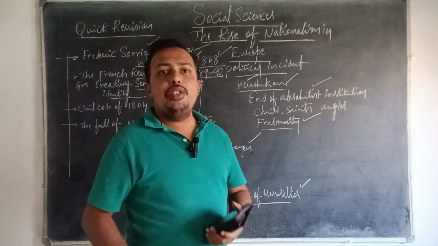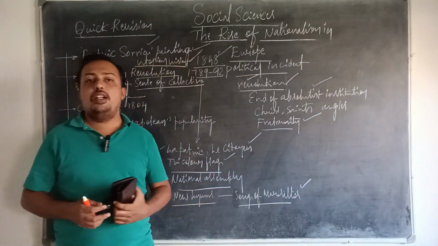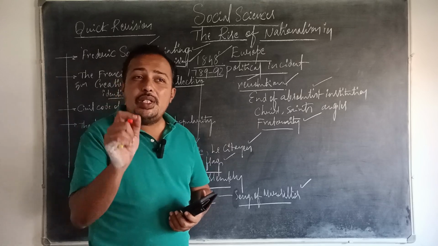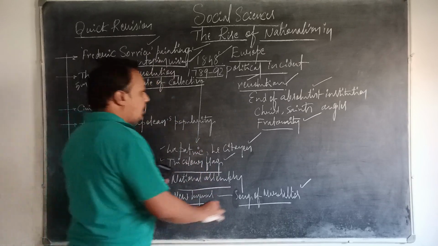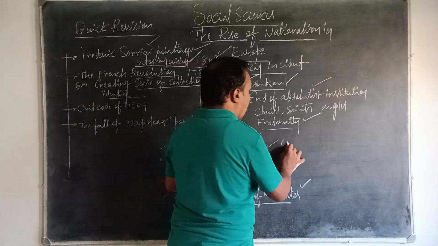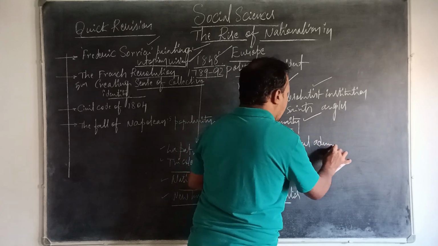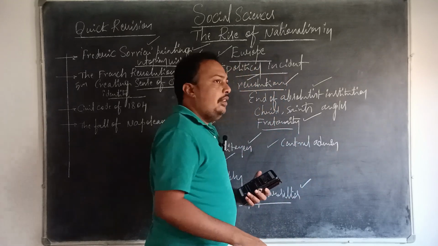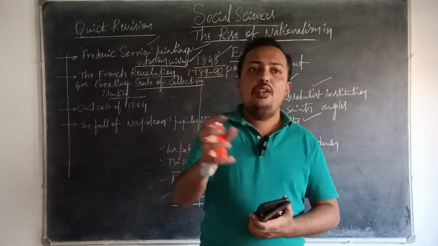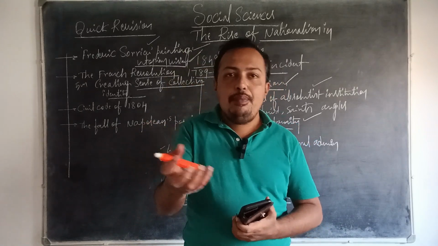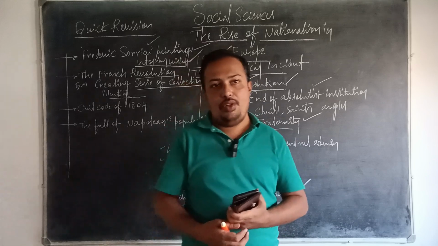And another factor which contributed to the sense of collective identity was the establishment of a central administrative system. So the central administrative system brought the feeling of oneness among the different people of France during the times of revolution.